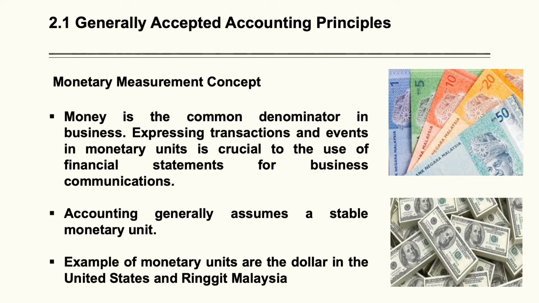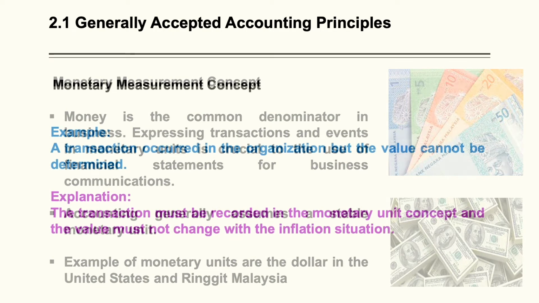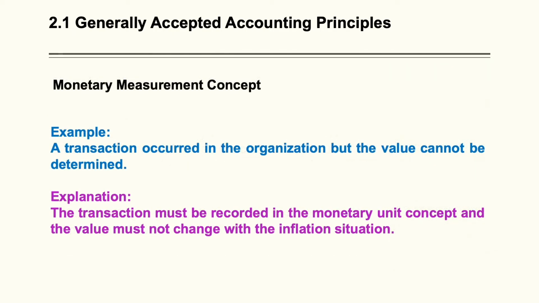Examples of monetary units are the dollar in the United States, and of course in Malaysia we are using RM, Ringgit Malaysia. Another example: a transaction occurs in the organization but the value cannot be determined. Based on this monetary measurement concept, all the transactions must be recorded in monetary units and the value must not change with the inflation situation.